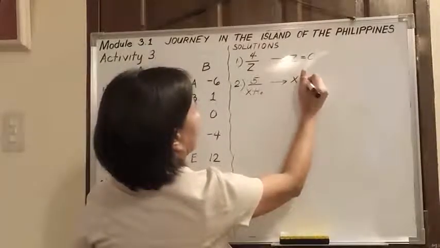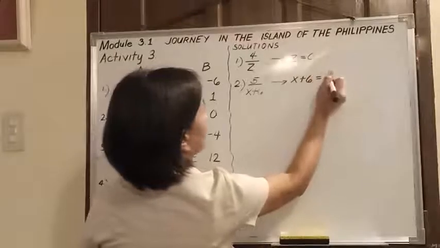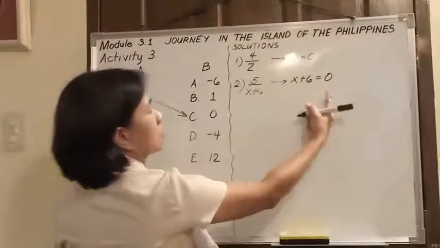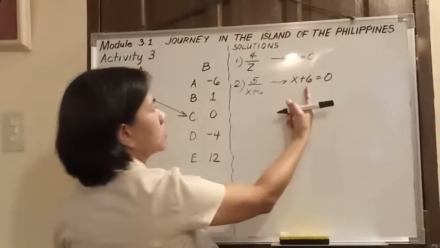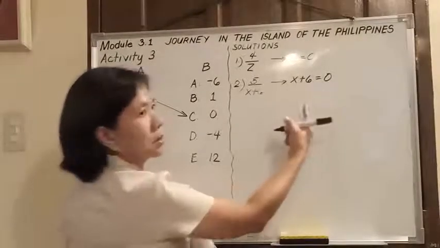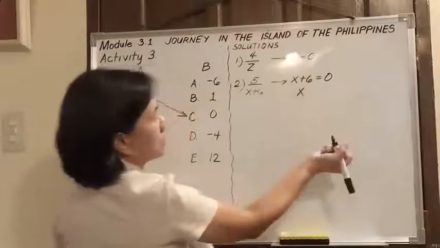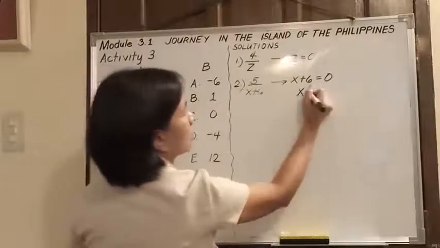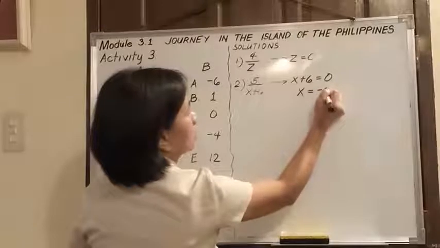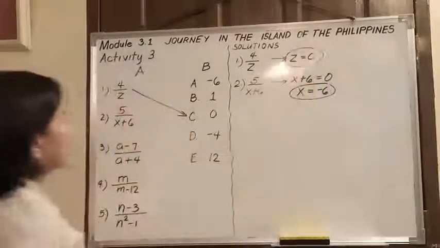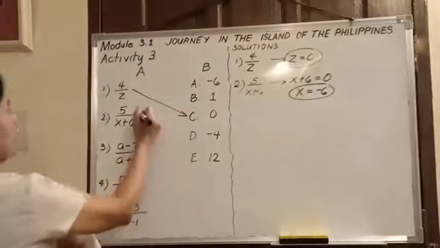And then we will transpose 6 to the right. It will change the sign. Therefore, to solve for the equation, we have x equals negative 6. So where is negative 6? Letter A.